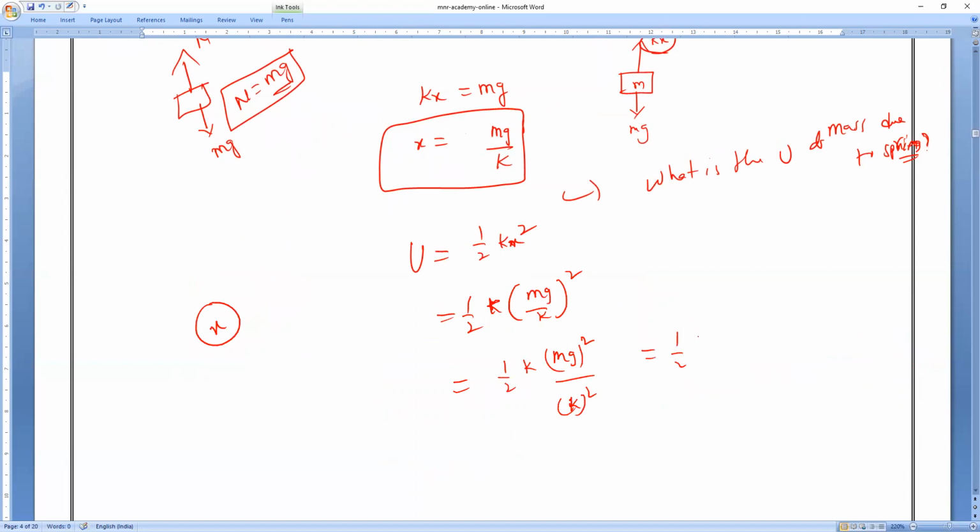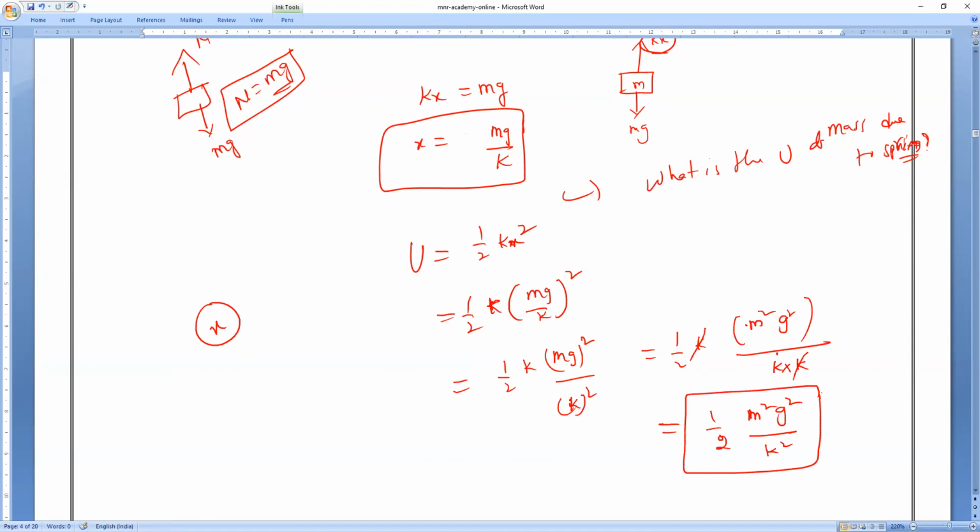Can I write this as half into k into m square g square divided by k square? One k will get cancelled with this. Sorry, it is not k square, it is k. So that is half into m square into g square divided by k.